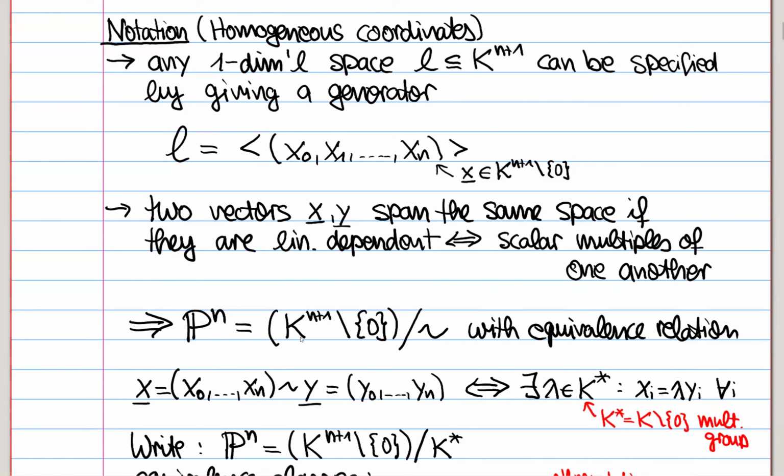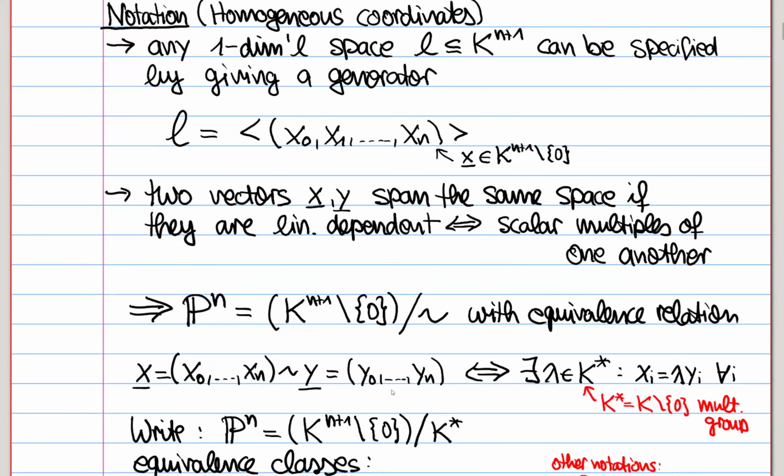So that's a second description, and now we can really describe points here by giving an equivalence class of a vector. Sometimes this is also written, in many books you will find this, as this space modulo k star, because these lambdas in k star control which vectors are equivalent. In fact, if you know these terms, you see that this k star, the multiplicative group of k, acts on this space k to the n plus 1 minus the origin as a group action.